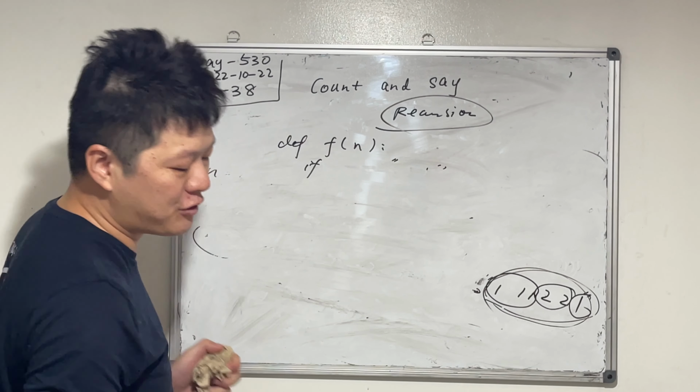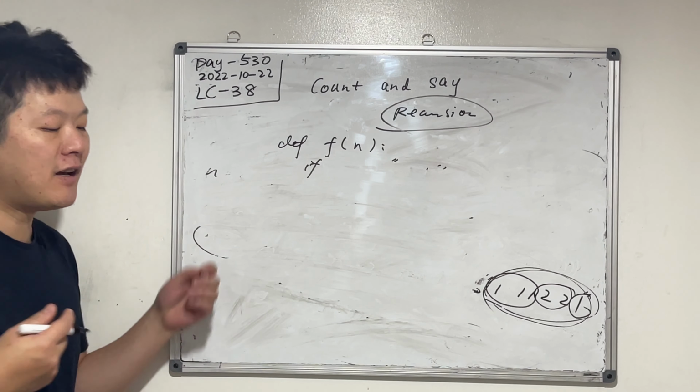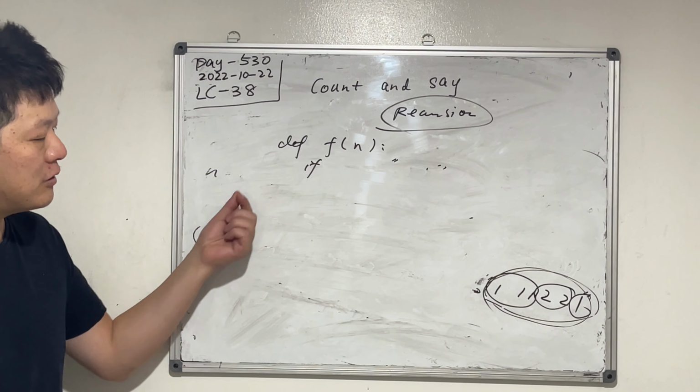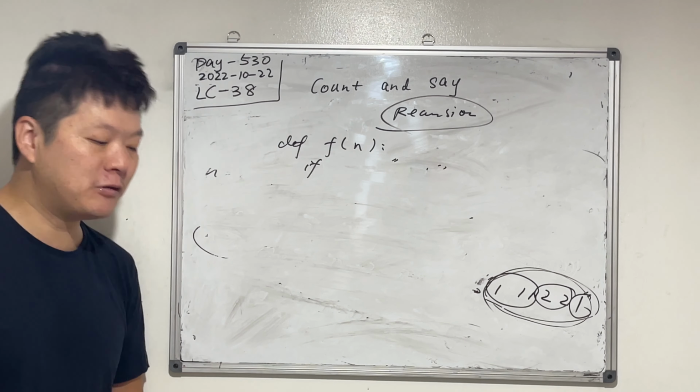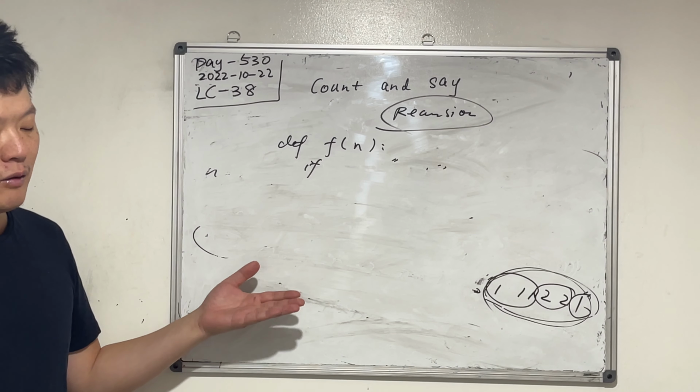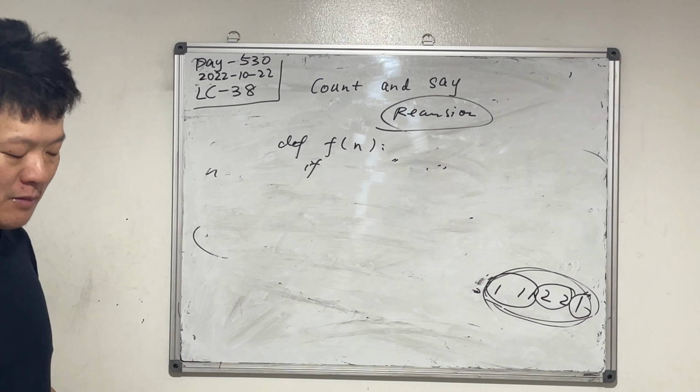For any recursion, we need to define the base case. We have to tell the computer how to solve the very basic problem. Like the Fibonacci number, f(1) equals 1. If we don't tell the computer what f(1) is, and just say f(n) equals f(n-1) plus f(n-2), what happens?